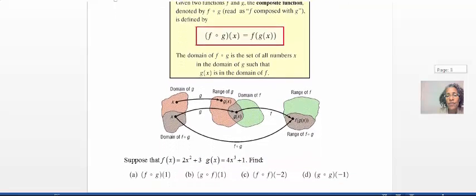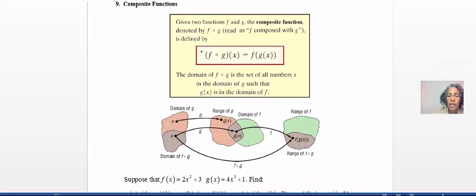All right, a composite function is basically a function that results when we perform this operation called composition between functions. So f composed with g, or f of g of x.